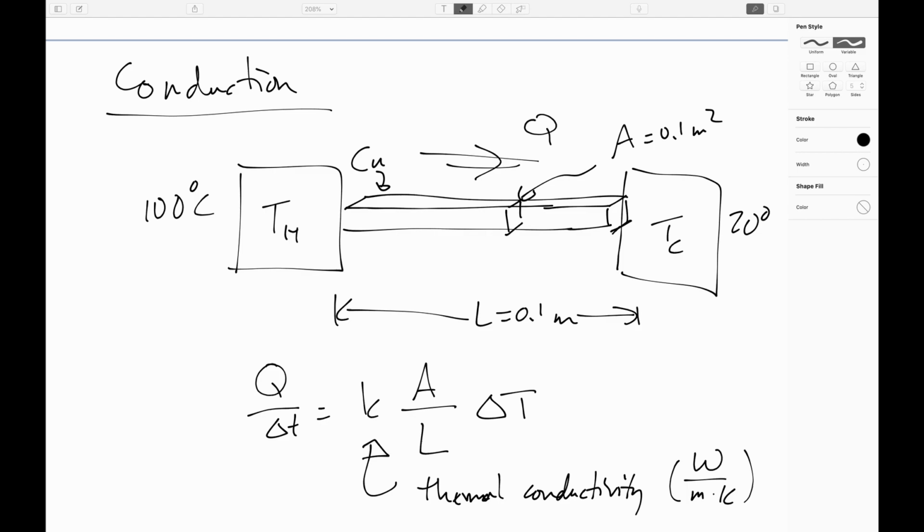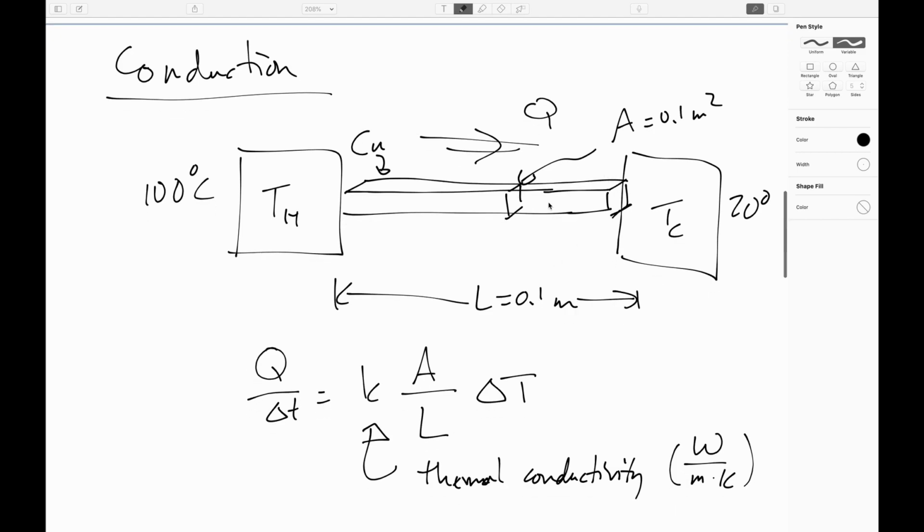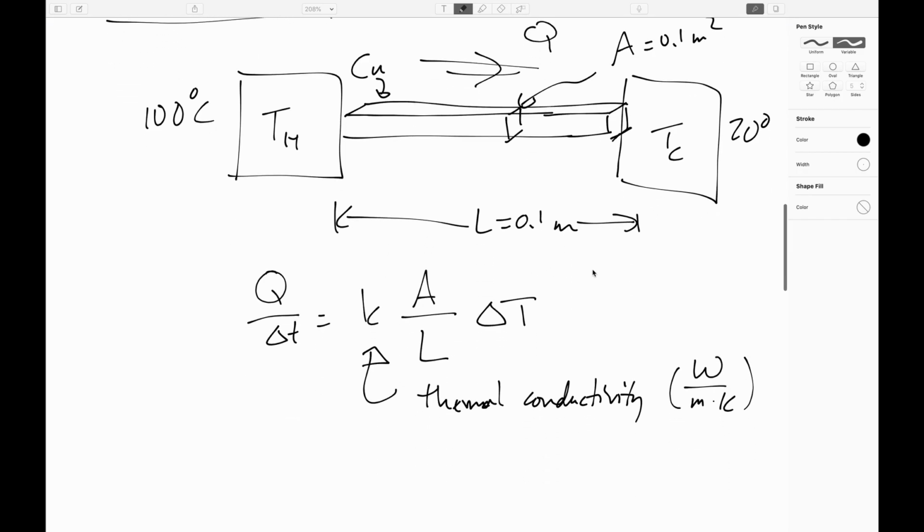So anyway, let's go ahead and figure out, say, the rate at which heat is being transferred with this copper. We expect that copper should be moving heat pretty darn fast, even for a relatively small cross-section like this, just because copper, being a good conductor of electricity, is also a good conductor of heat.